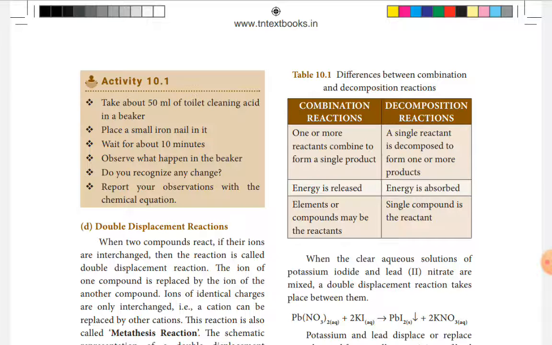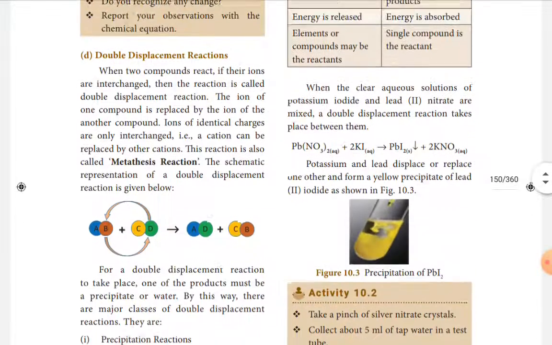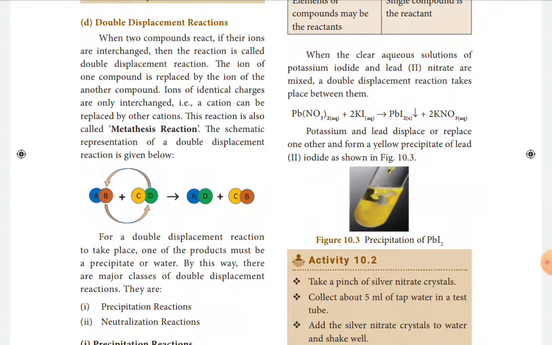This is also called a metathesis reaction, and there are two types: precipitation reaction, a reaction which produces a precipitate, and the neutralization reaction. Normally when an acid reacts with a base, salt and water are formed. This is called a neutralization reaction because an acid is neutralized by a base.